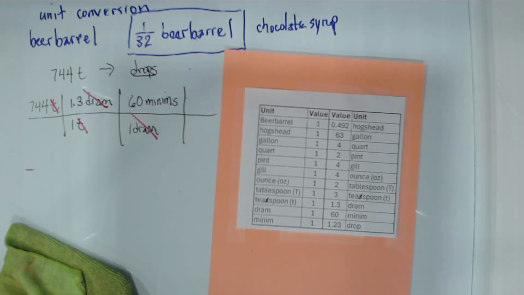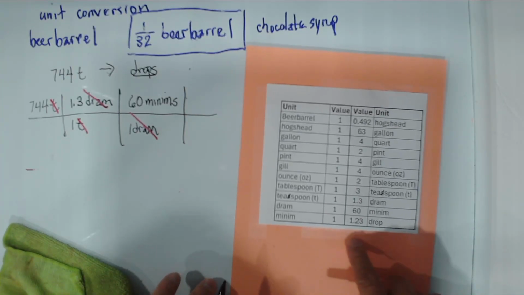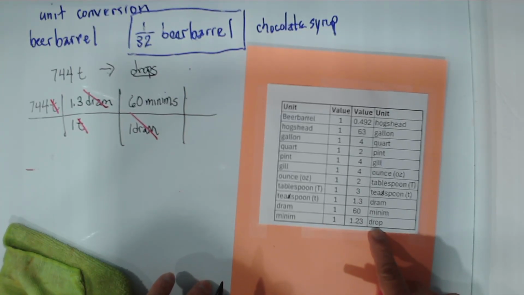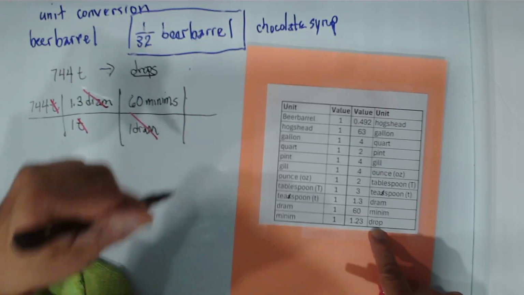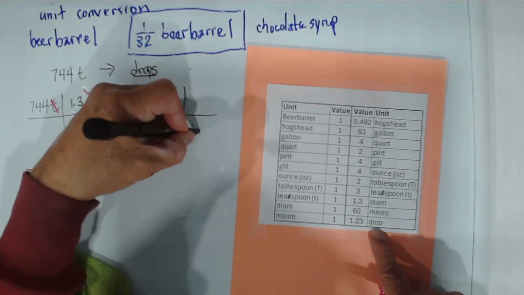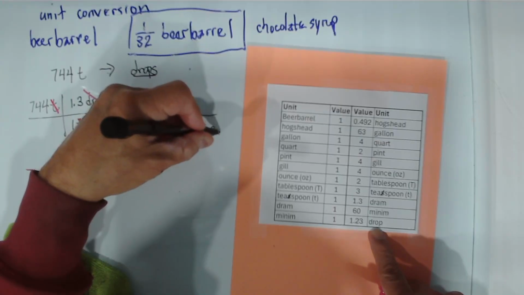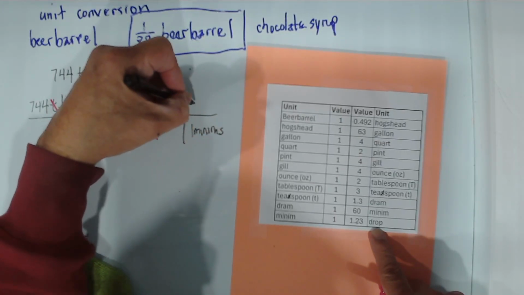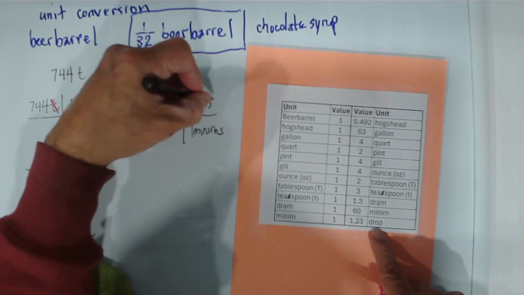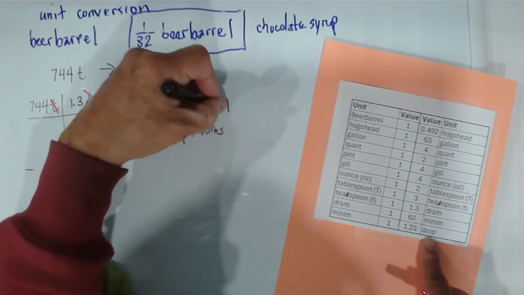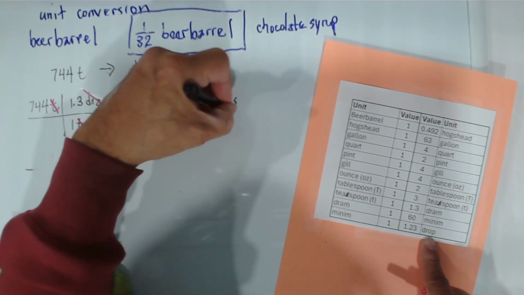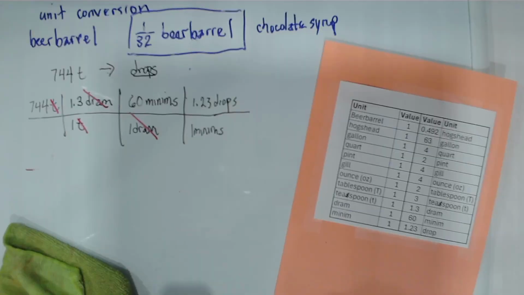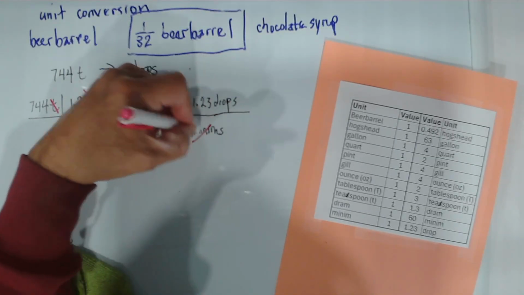Now, how many minims will give you a drop? Well, 1 minim is 1.23 drops. So we're going to put 1 minim on the bottom so we can cancel out minims, and we'll put 1.23 drops at the top. Okay, minims will cancel out.